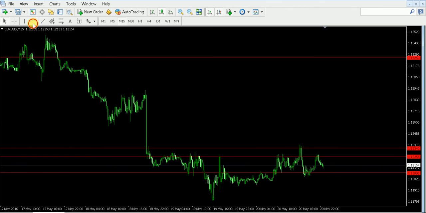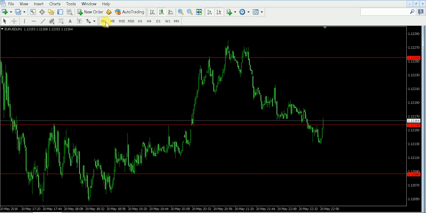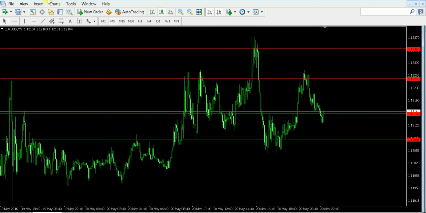And if we wanted to get even better, we could draw some more here on the 15-minute. And then here. You see what I'm doing? I'm just drawing lines where price previously had significant turnaround.